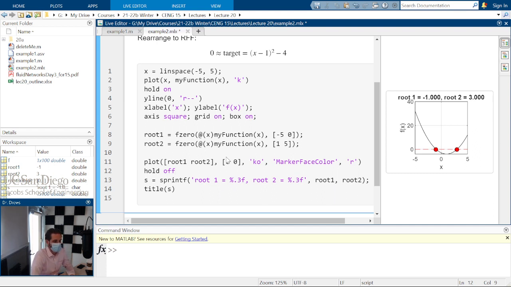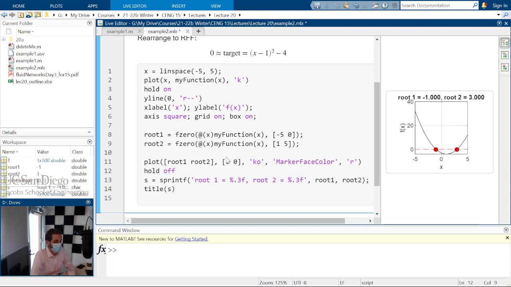Remember, it's always going to find them as a numerical approximation. If you're particularly good at the quadratic formula, which I'm not, I usually have to look it up, you might be able to eyeball that parabola that we've got there and recognize right away, yeah, those have to be at 1 and 3, or -1 and +3.